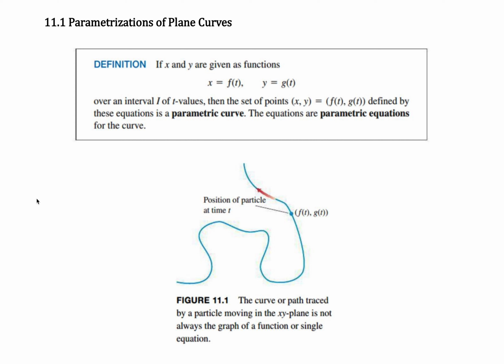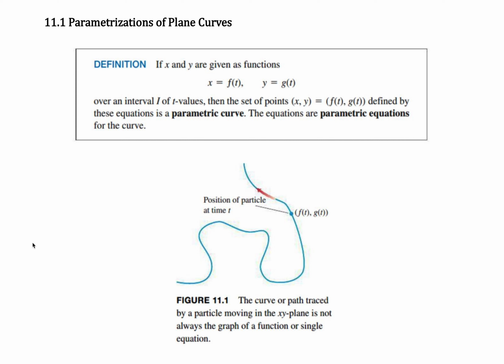The definition says if x and y are given as functions, x equals f of t and y is g of t over an interval I of t values, and again that's time, then the set of points x y, which would be f of t, g of t, is a parametric curve. And those equations are parametric equations.